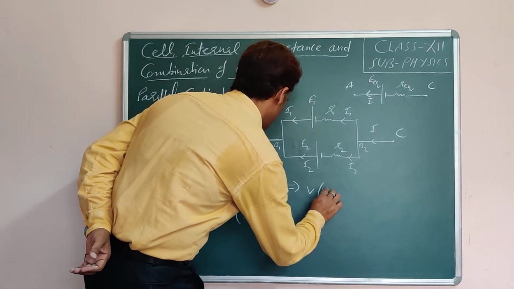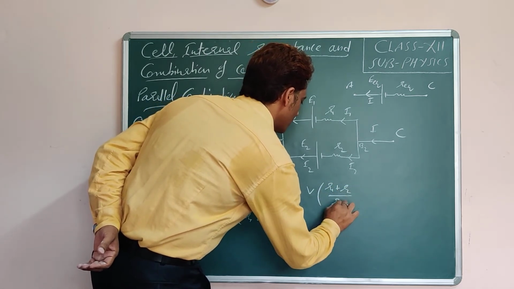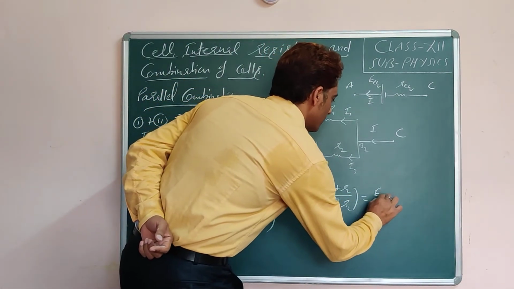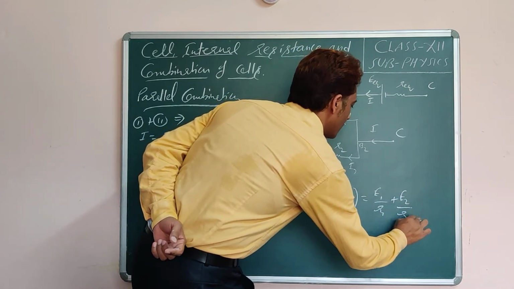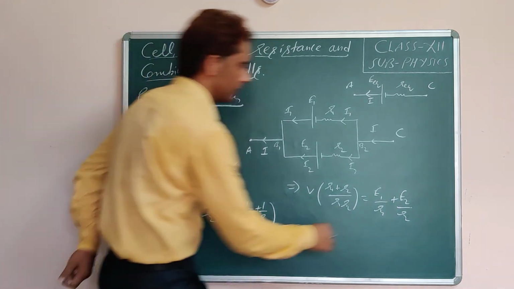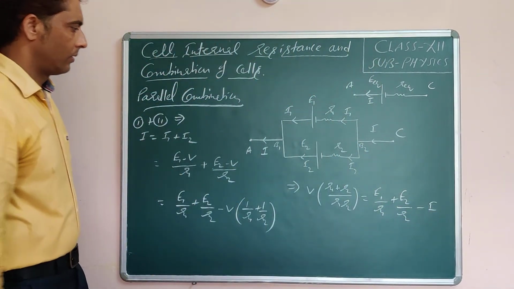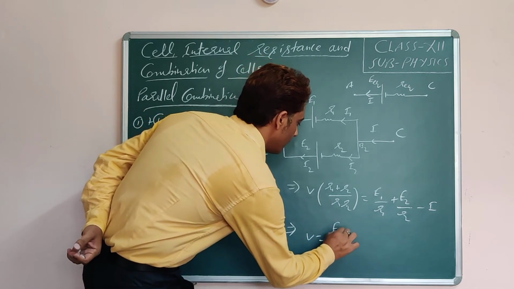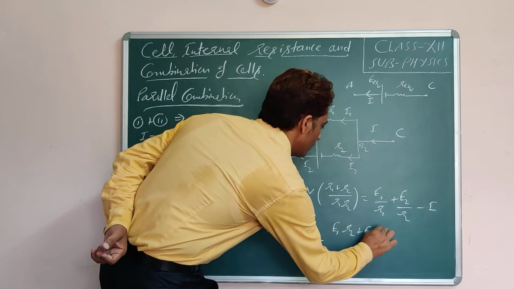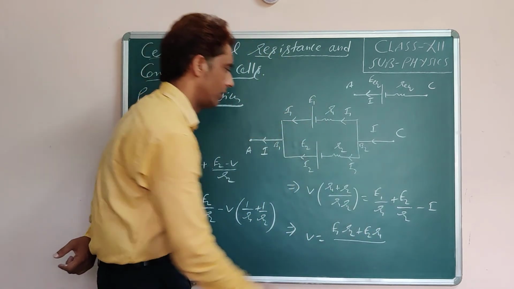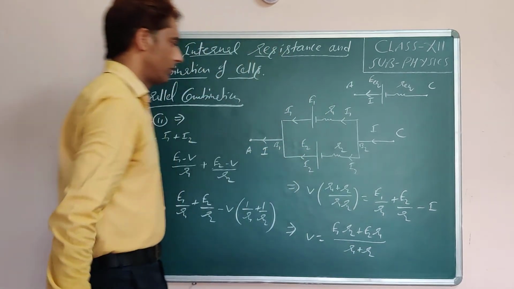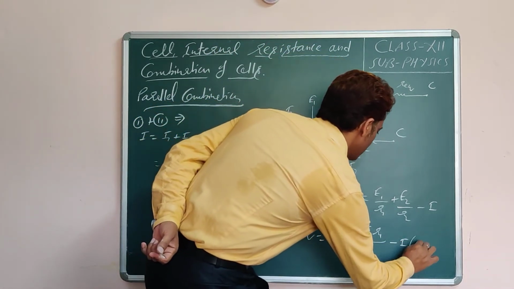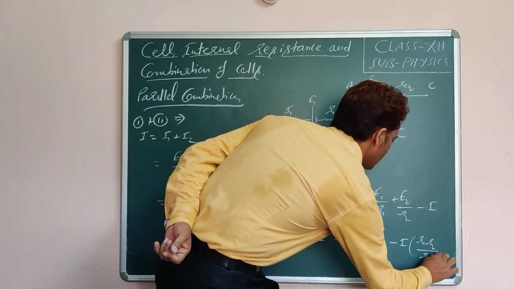This implies V into R1 plus R2 over R1 R2 is equal to E1 over R1 plus E2 over R2 minus I, or we can write V is equal to E1 R2 plus E2 R1 over R1 plus R2 minus I into R1 R2 over R1 plus R2.